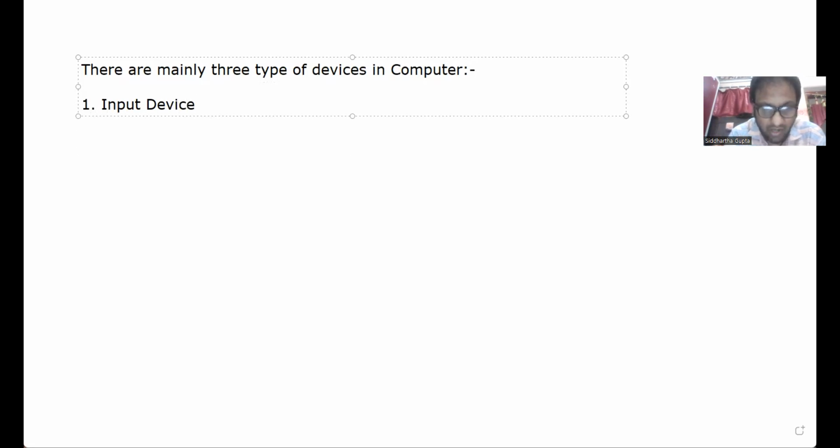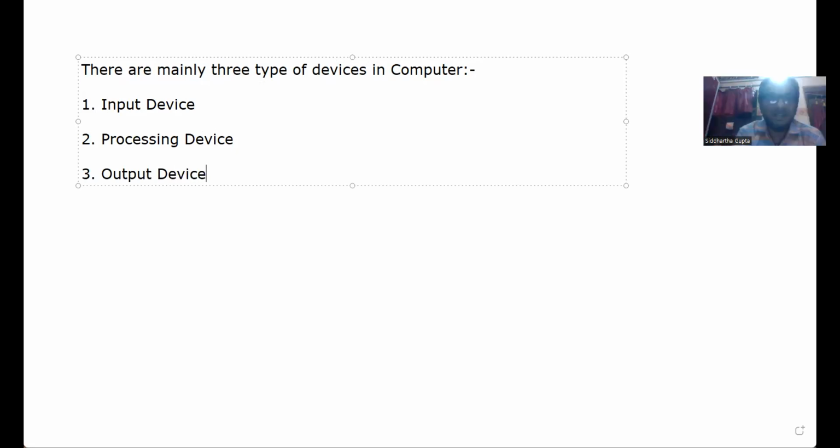Second is processing devices. Last but not least is output devices. So you can easily understand this: there are mainly three types of devices: input device, processing device, and output device.